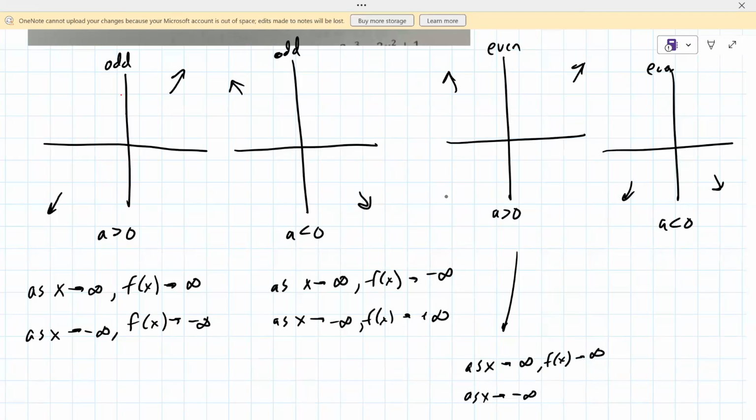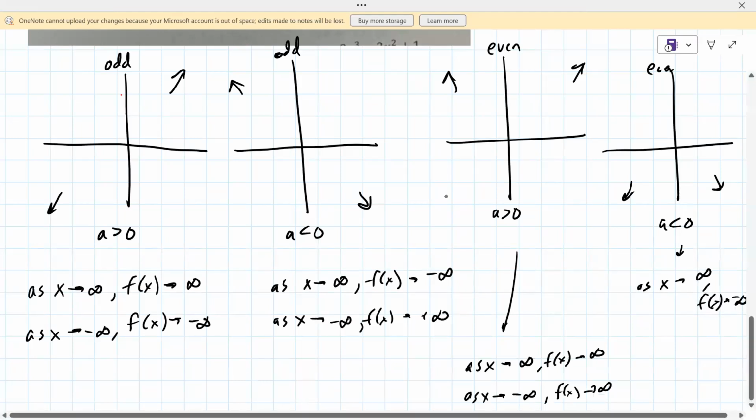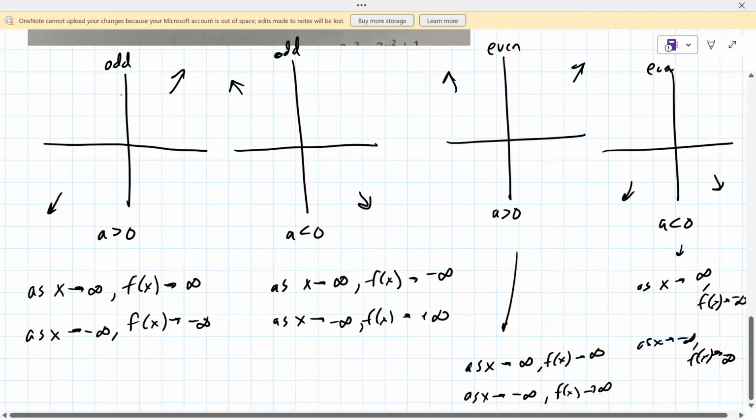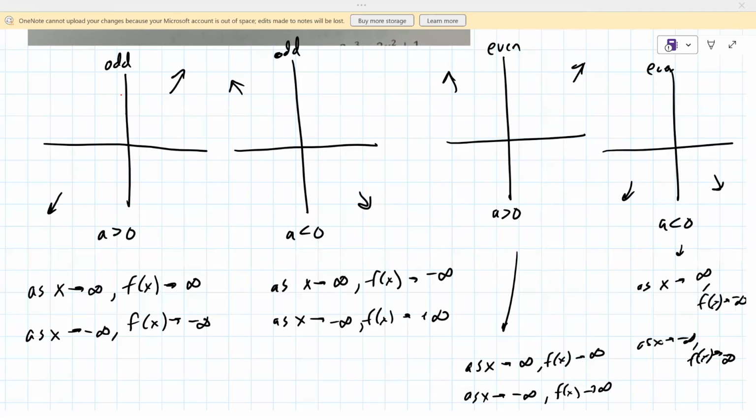As x goes to negative infinity, f of x goes to infinity. And then this last one, as x goes to infinity, f of x goes to negative infinity. As x goes to negative infinity, f of x goes to negative infinity. So you're responsible for knowing these four graphs, because to do the next couple of problems, you have to know the degree and the leading coefficient.